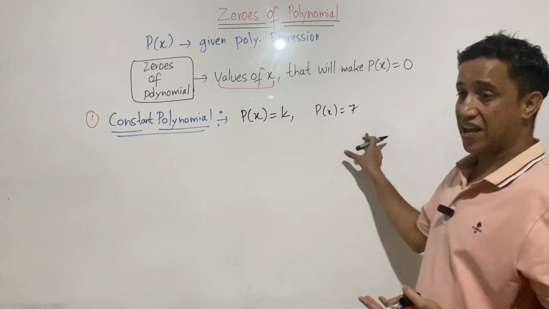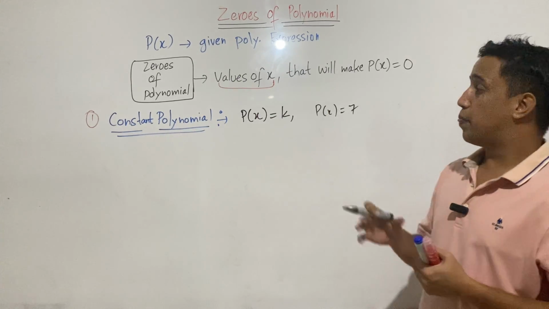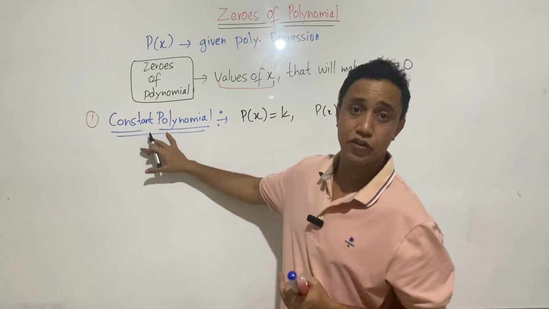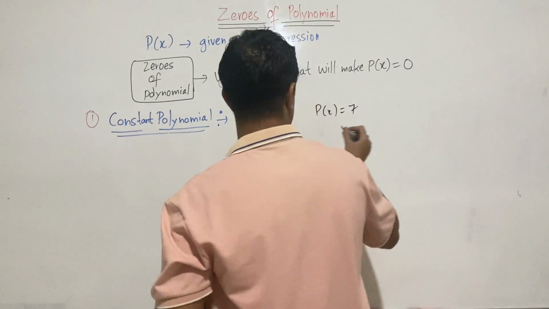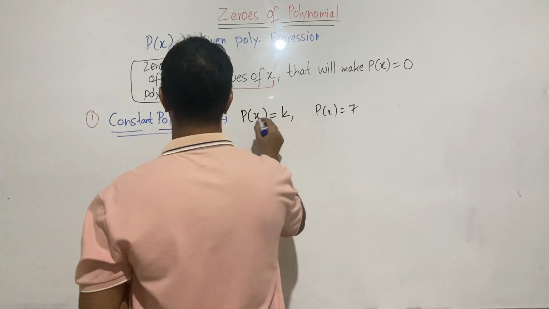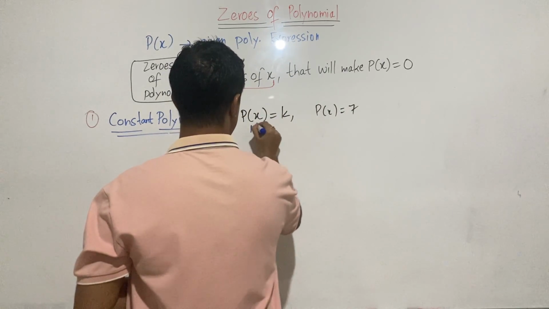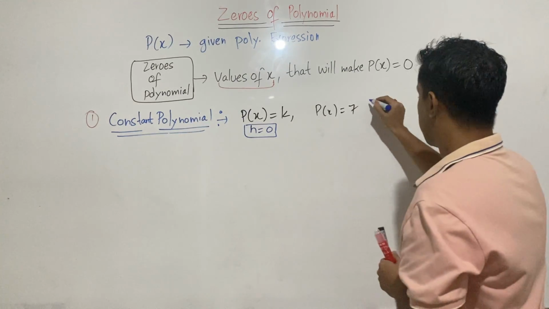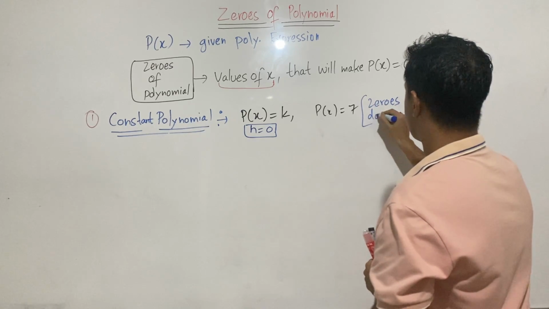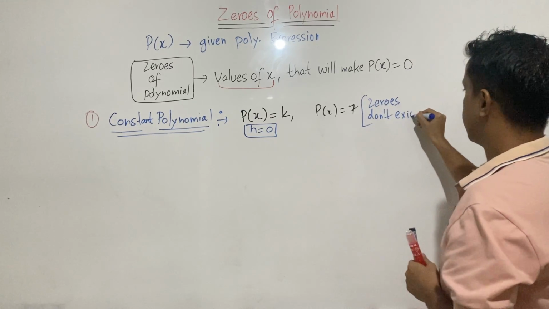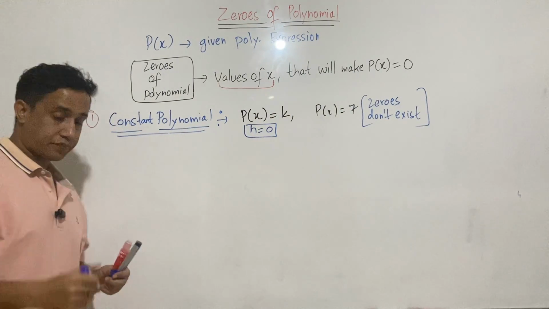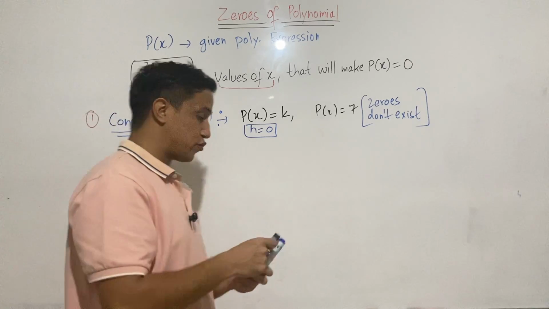So it means that the zeros of a polynomial do not exist for constant polynomials. This is degree 0, n equal to 0. So I can say here zeros do not exist. Is that clear? If it is clear, let's move to the next.